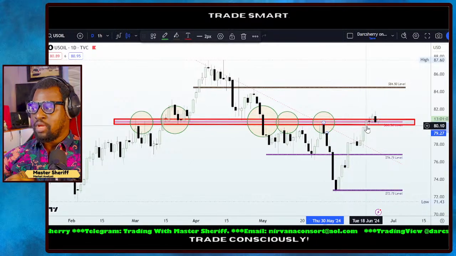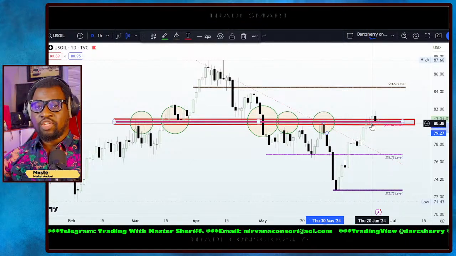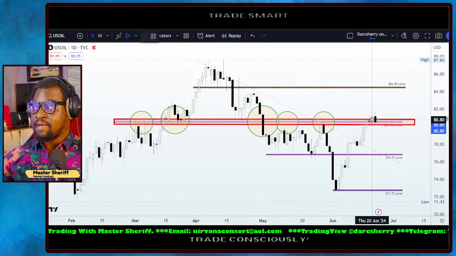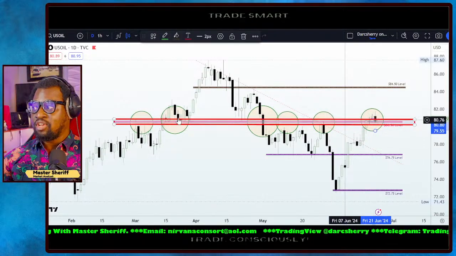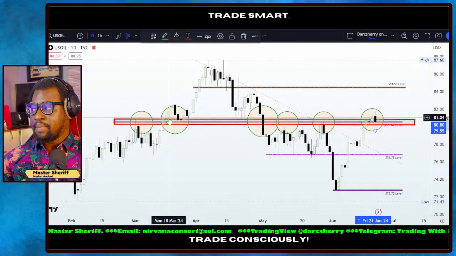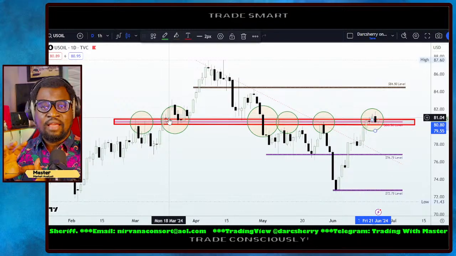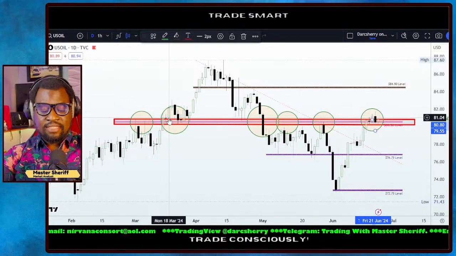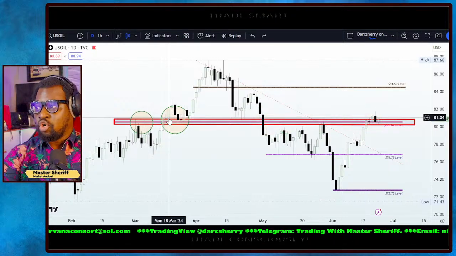However, during last week's trading session, we finally saw price climb back above the $80.50 level for the first time in about 2 months, and it has been consolidating somewhere around that area, giving us an insight into how crucial this juncture is.